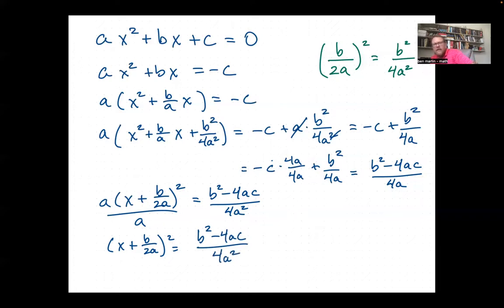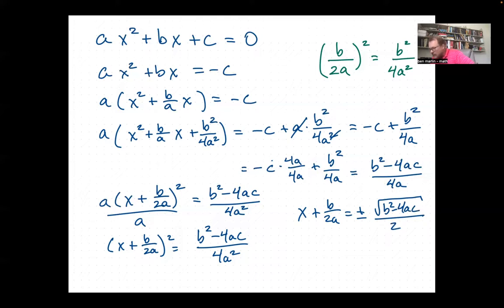Okay. And now I'll do that square root theorem thing where you have x plus b over 2a equals plus or minus. Now I'm going to take a square root of this. The top part, I'm just going to leave alone under the square root. B squared minus 4ac. The bottom part, since 4 is a perfect square, I'll write 2.